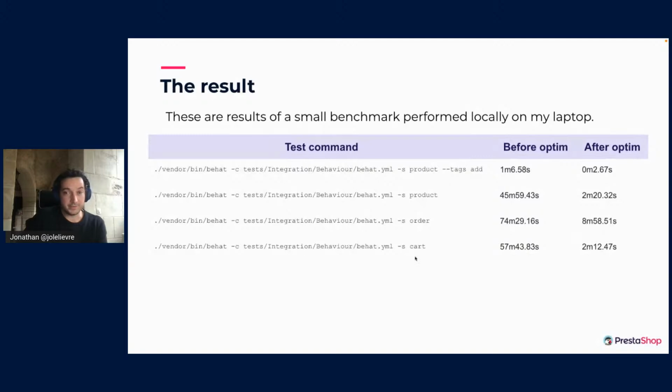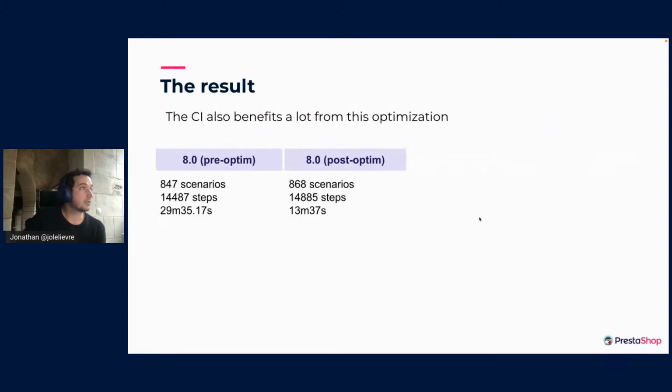And same thing for the cart, which was a huge domain with a lot of different scenarios, which went from 57 minutes to 2 minutes. So basically, you can see that those optimizations, even though they are just about the database, made us gain a lot of time. And you could argue that this is only on my machine, but actually it's the same in the CI process.